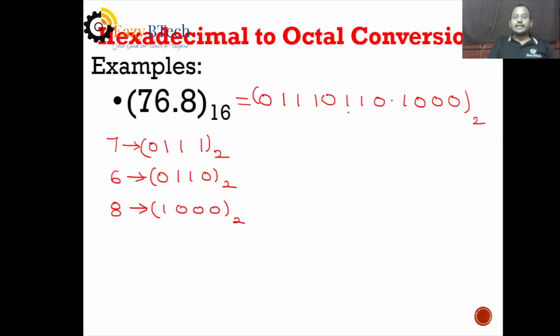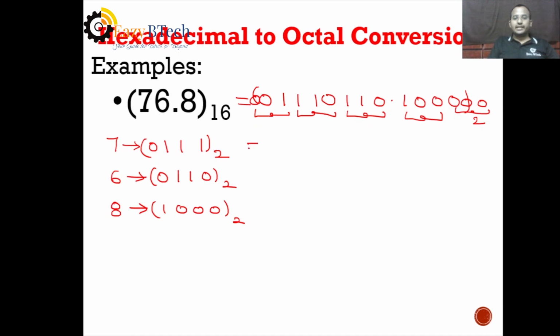Now we will scan the number from the radix point. So these 3 bits are one group, these 3 bits are one group, and here we are left with 2 bits, so we will append 0 and write. Similarly for the fractional part, these 3 bits are one group, and we can append 2 zeros. Here also we can append a 0 so that these 3 also become one group.